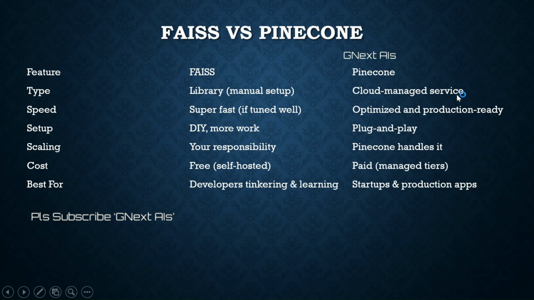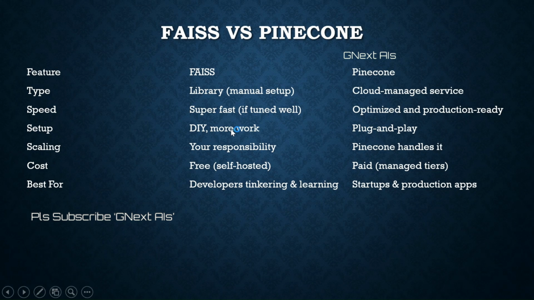Then there are two best databases, FAISS from Meta as well as Pinecone. So what are the differences we have noted here? The type: FAISS is a library, while Pinecone is a cloud managed service. On speed, FAISS is super fast and tunes well, but Pinecone is optimized and production ready.